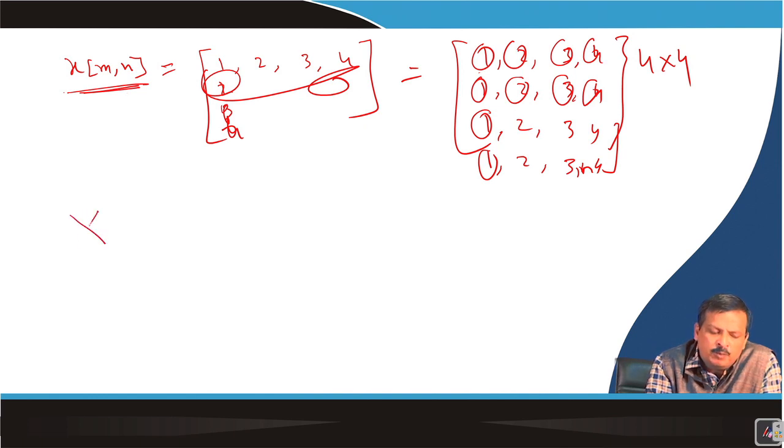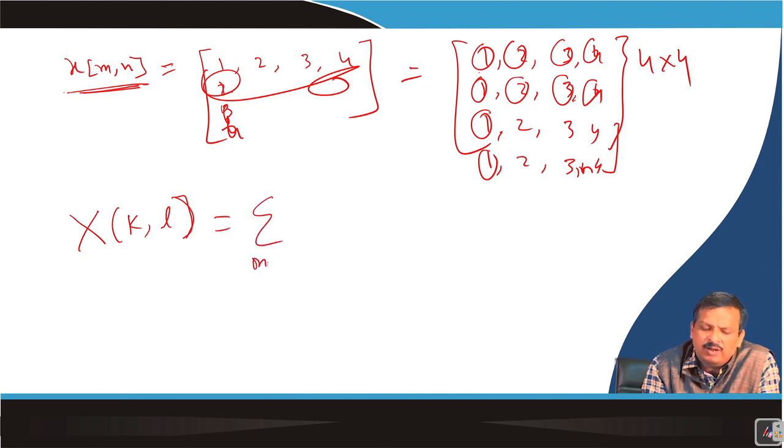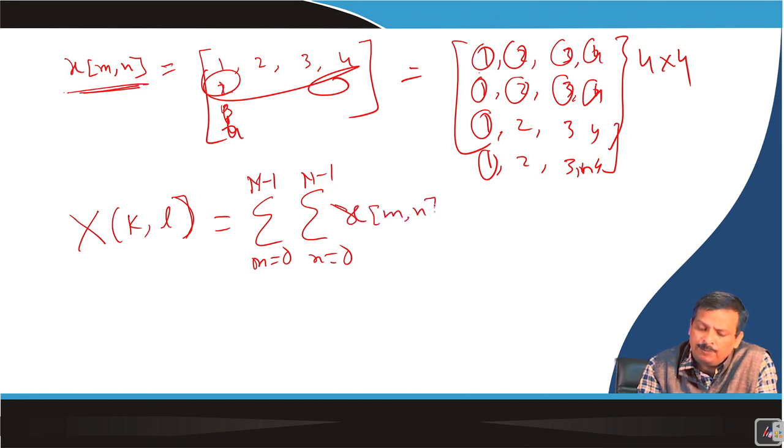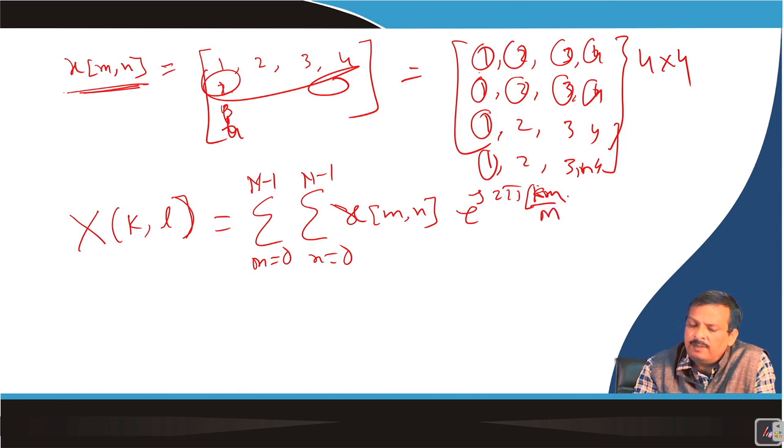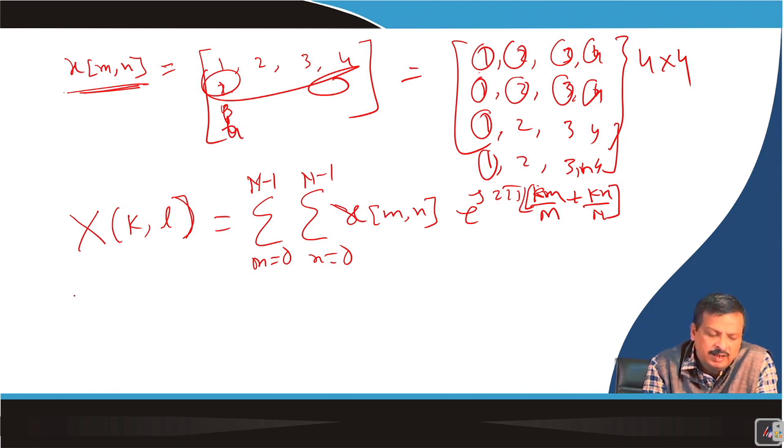So, can you compute x of k l? So, x of k l is the sum over m equal to 0 to M minus 1 and n equal to 0 to N minus 1 of x of m n multiplied by e to the power minus j 2 pi into km divided by capital M plus ln divided by capital N. So, the value of M is equal to 4, the value of N is equal to 4.